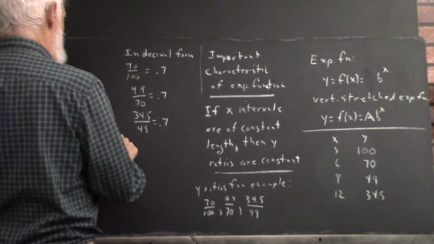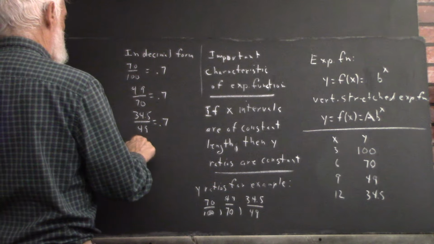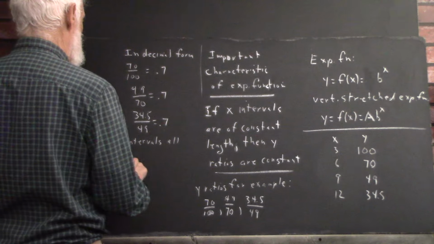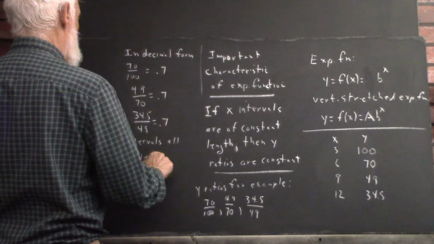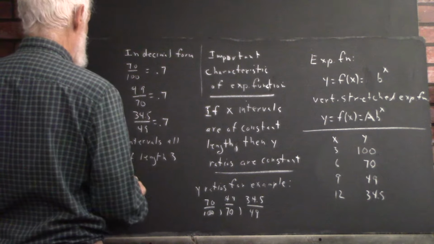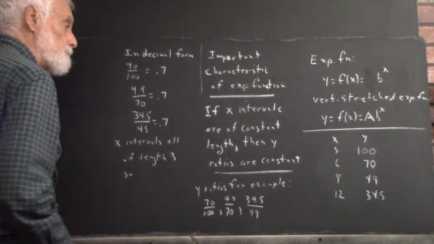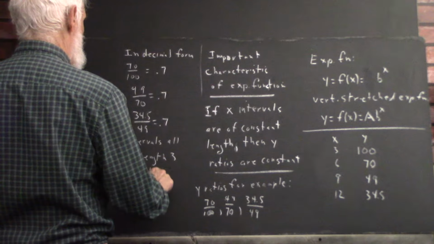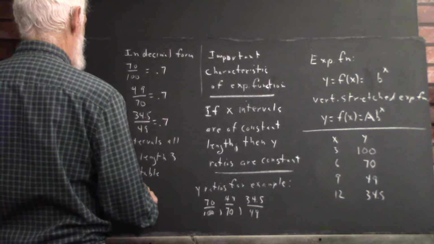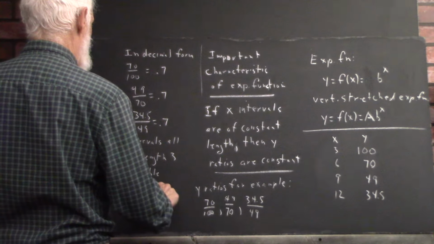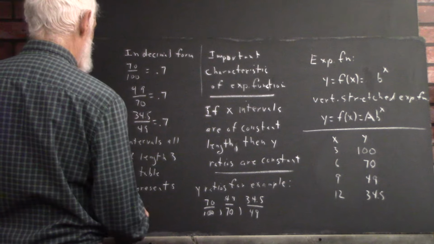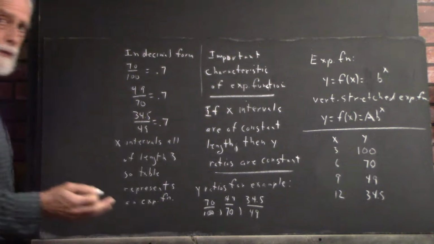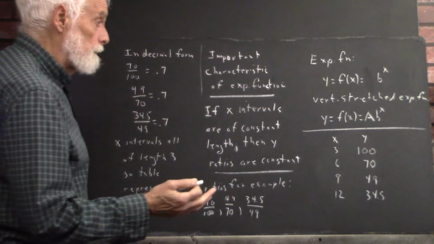X intervals are all of length 3, so the table represents an exponential function. Okay?